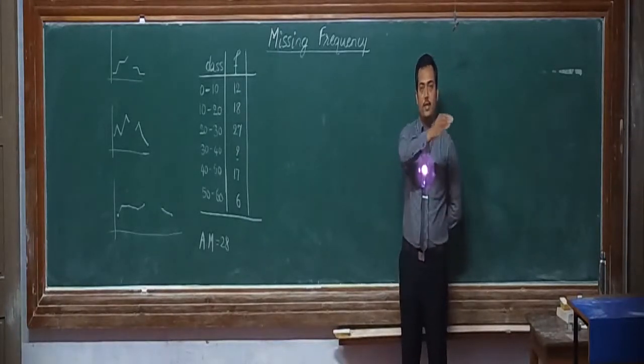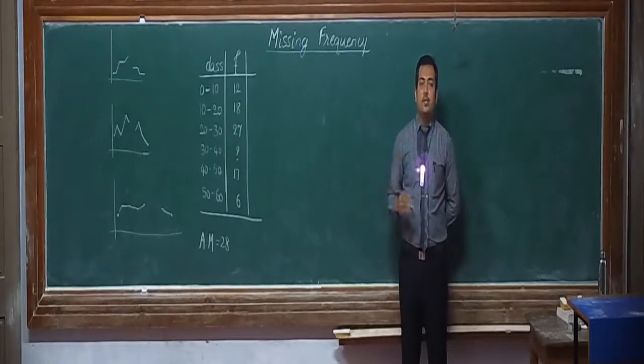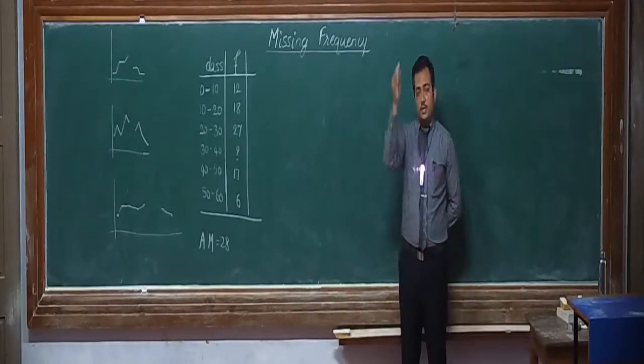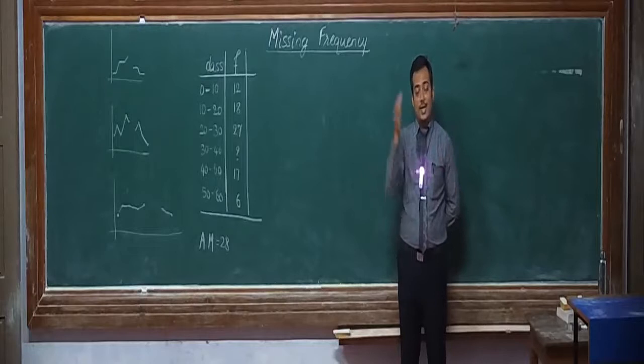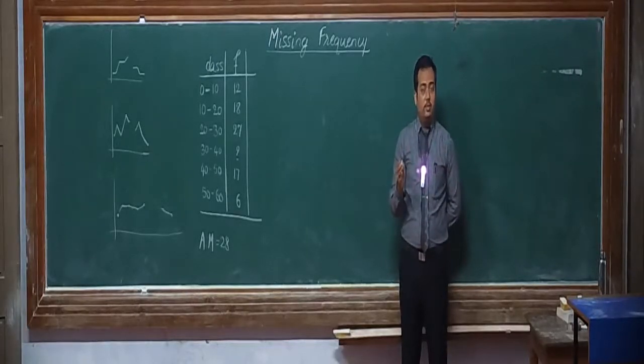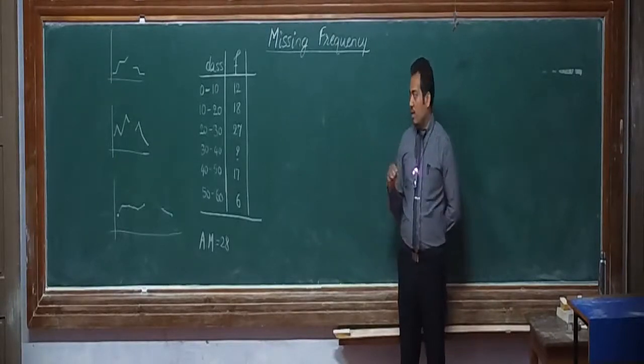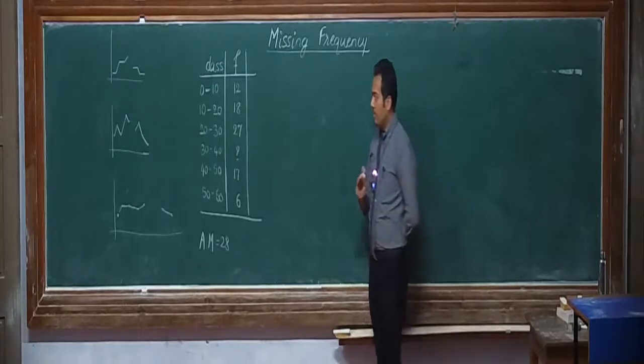If the frequency pattern is normally distributed, then we expect the arithmetic mean in the central part, and if the distribution is more towards the right side, then the arithmetic mean could be near the central value but inclined towards the right side. Okay, so this is what we have already studied.